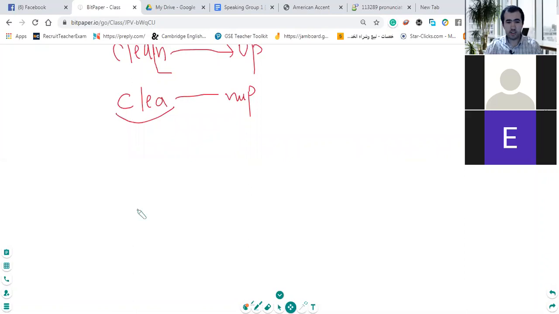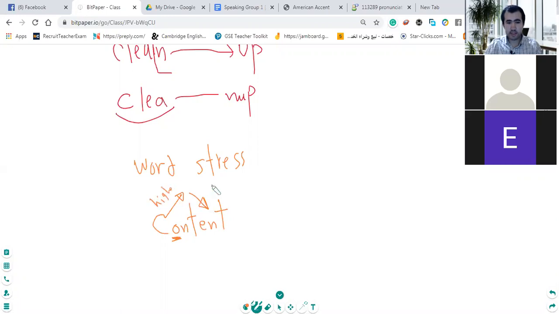I want to link the ideas between intonation and word stress, and syllable stress. So for example, in this word, I can stress the first syllable and I say content. This is higher intonation, and this is lower intonation.